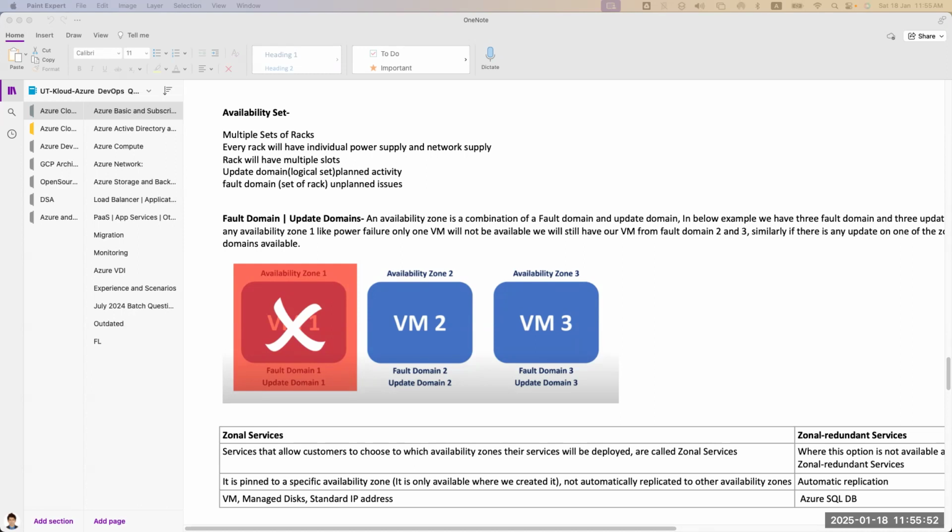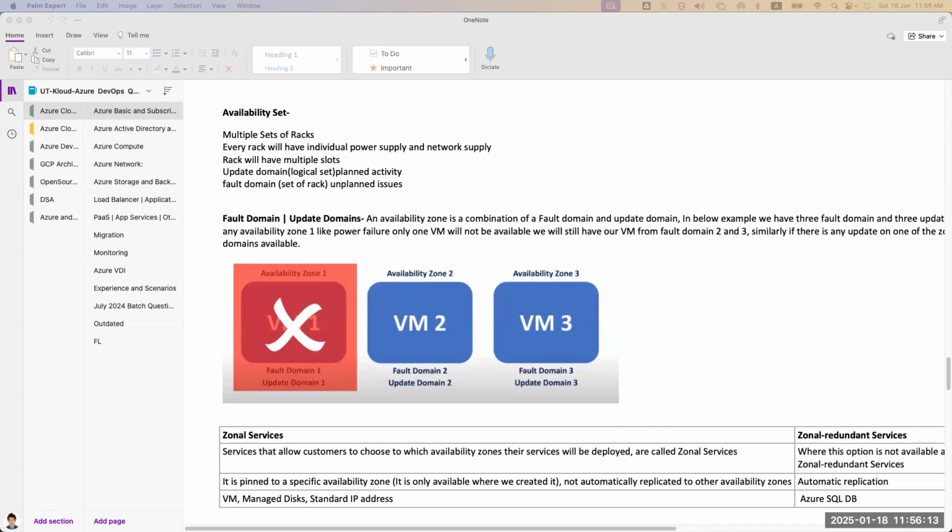And first thing, why do we have availability set? Because not all regions have availability zones. That is the first thing. Understand one thing: I can have an application where I have legal compliance. Let's say I'm running an application for UAE, and it is a financial application.